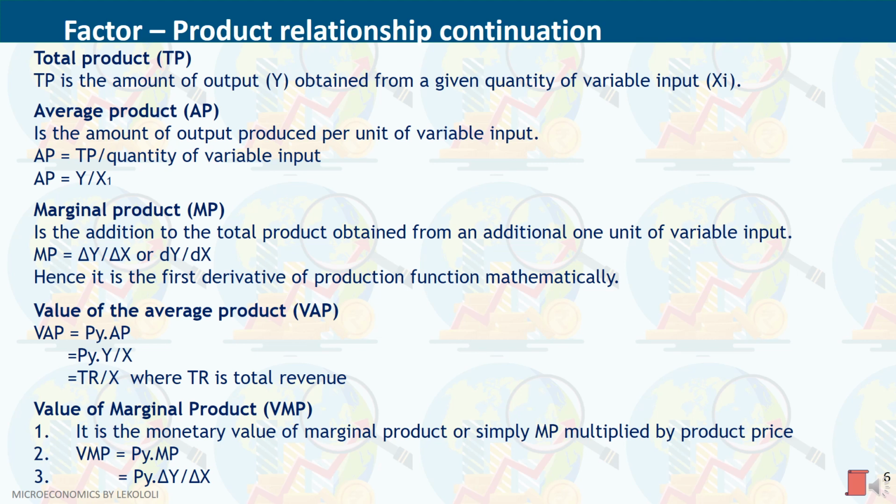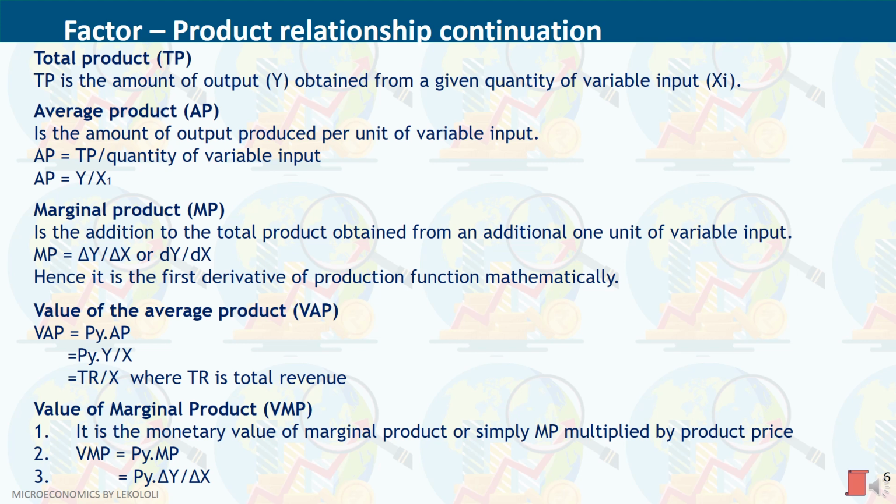Now, let's bring money into the equation. Value of average product is the monetary value of the average product. It's the cash you are making from each unit of input. To calculate it, you multiply the average product by the product price. So, VAP is equal to PY by AP, where PY is the value of the product.